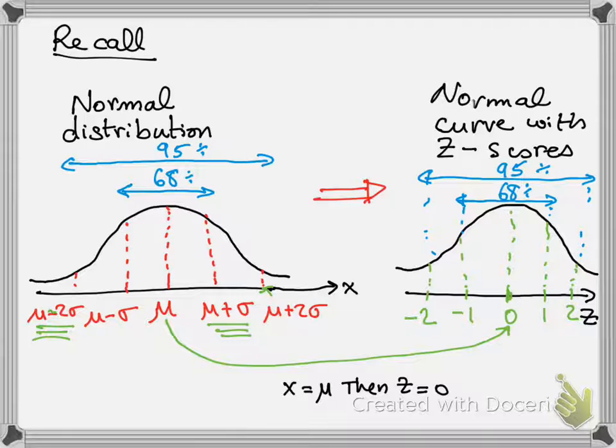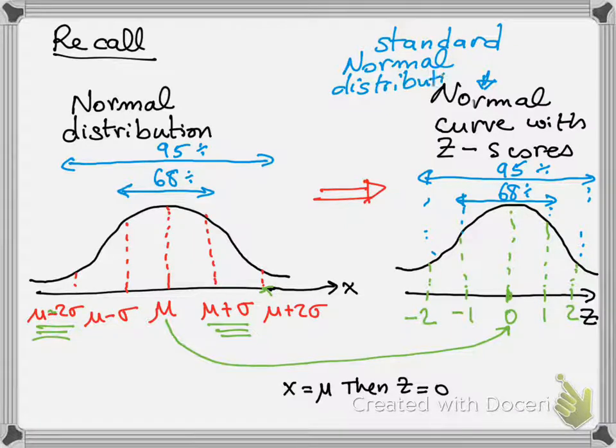So in the standard normal distribution, you have the mean equal to 0. Then you have 1, 2, -1, -2, etc.